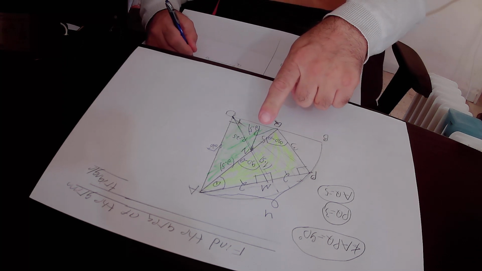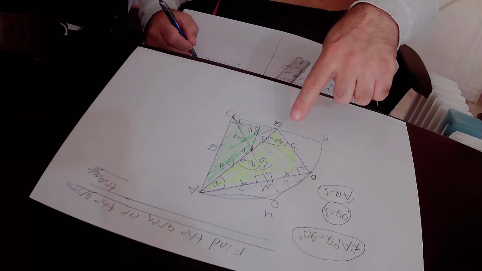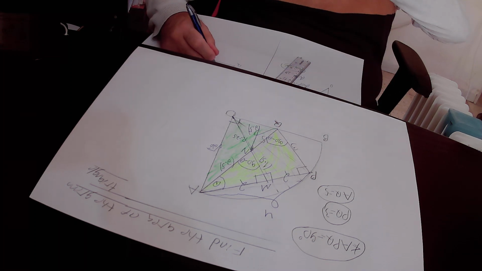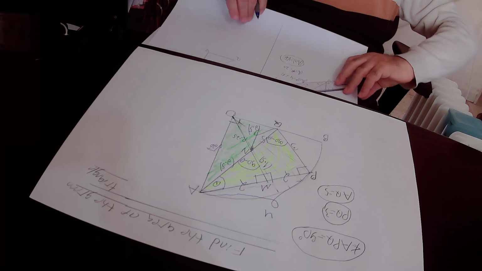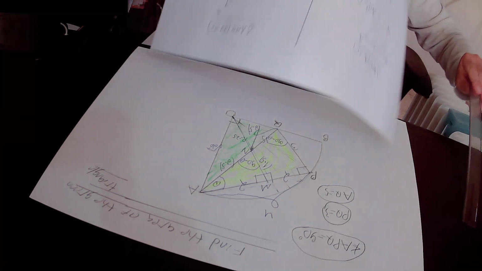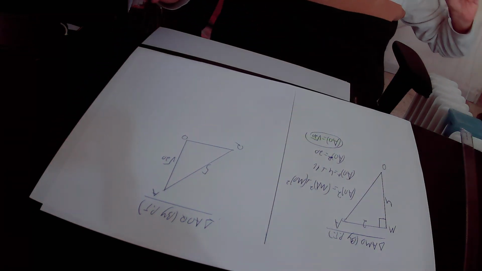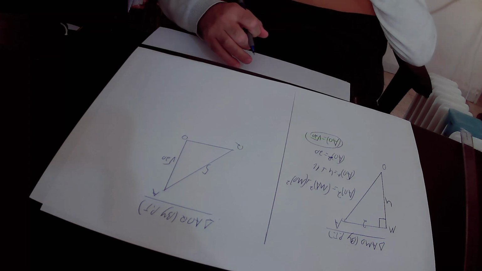AO equals the square root of 20 units in its length. The hypotenuse AQ equals 5 units. So actually, this is the right triangle AOQ that I copied from the original drawing.